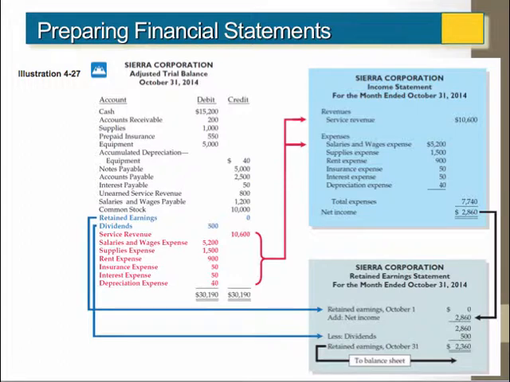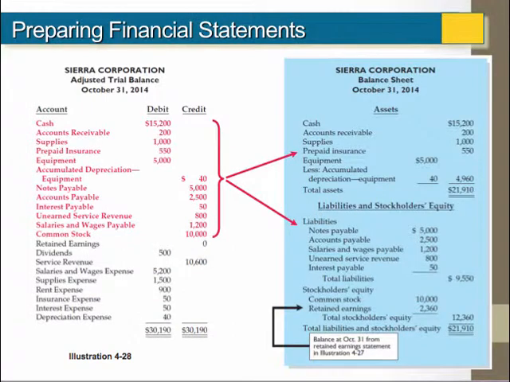Once we figured out what the ending retained earnings is, the $2,360, we could then create the balance sheet. Notice that all the values that are in red are the balance sheet accounts, and we take the retained earnings balance of $2,360 from the statement of retained earnings.